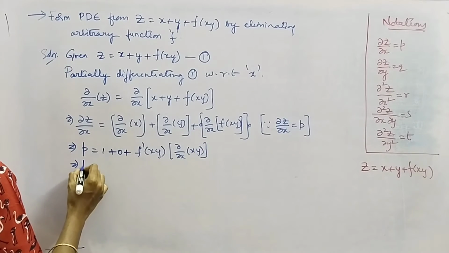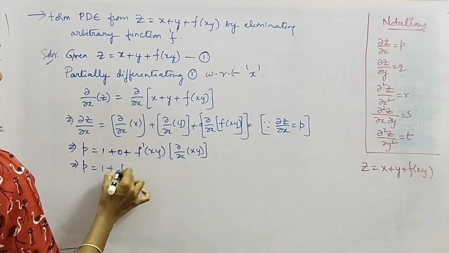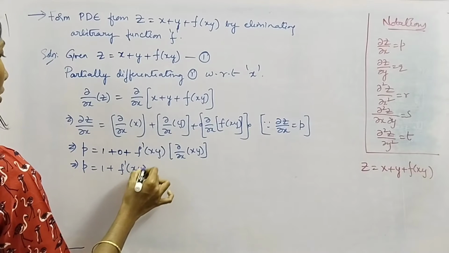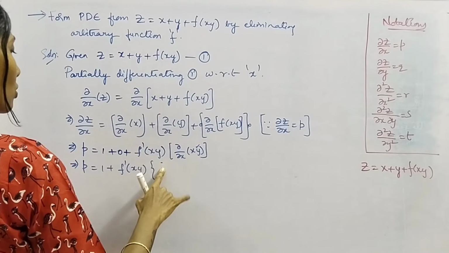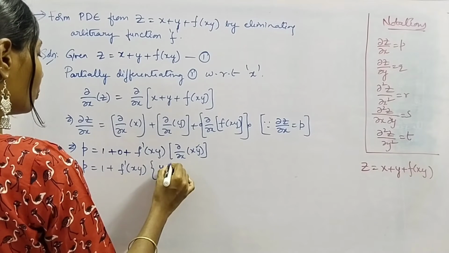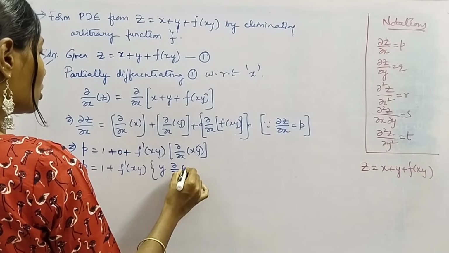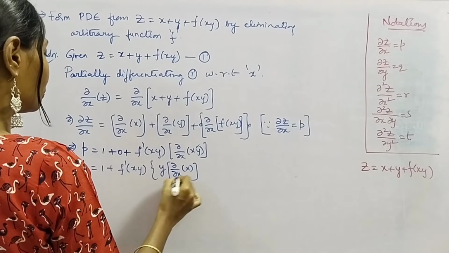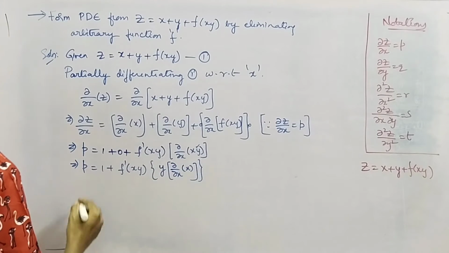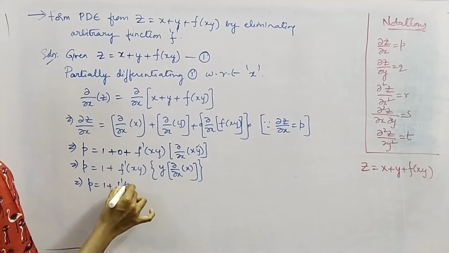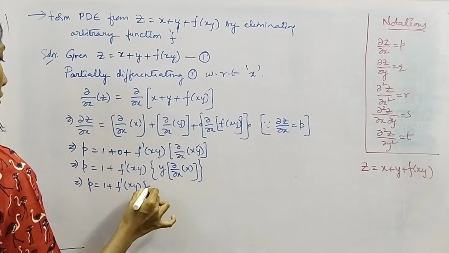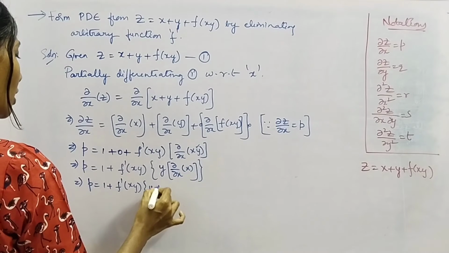This gives us p equal to 1 plus f dash of xy into, here y is treated as constant, right? So we can write this as y into the partial derivative of x with respect to x is 1.